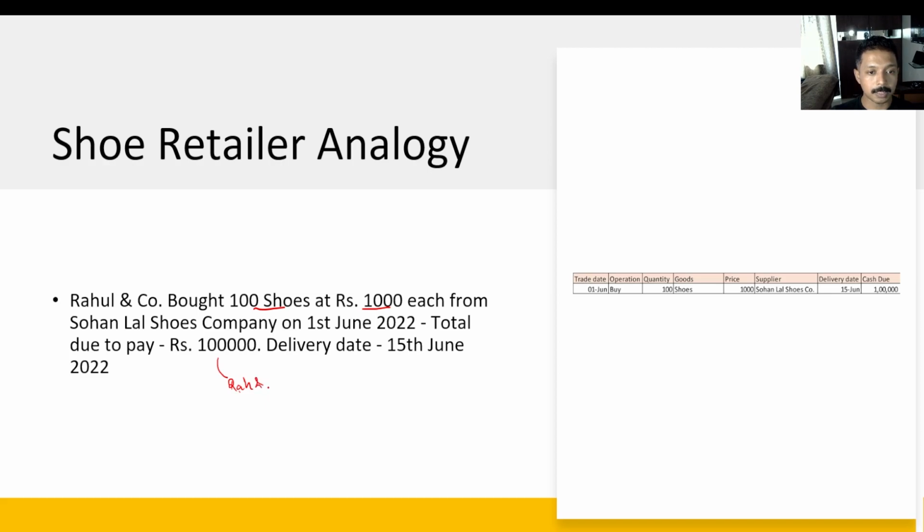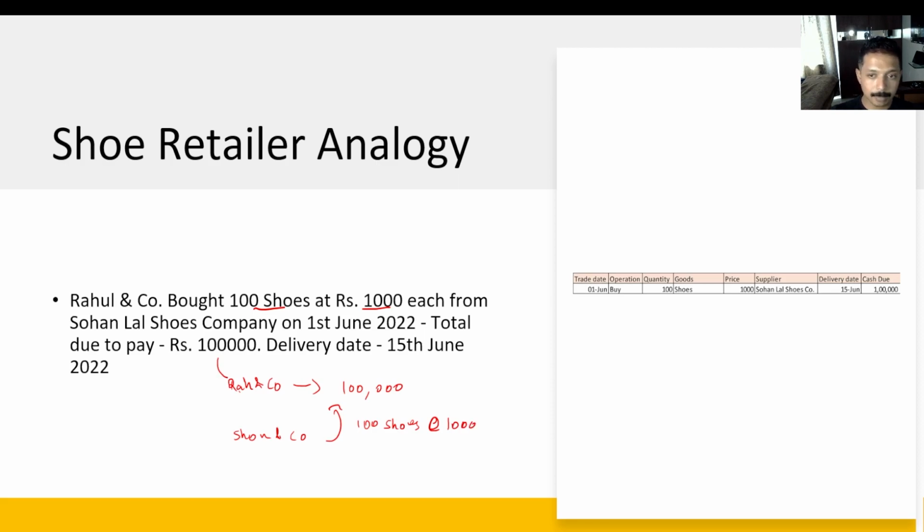Rahul and company needs to pay 1 lakh, and similarly, Sohan and company needs to deliver 100 shoes at 1,000 each. So that's the deal.